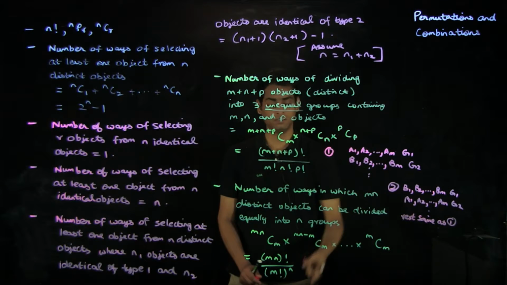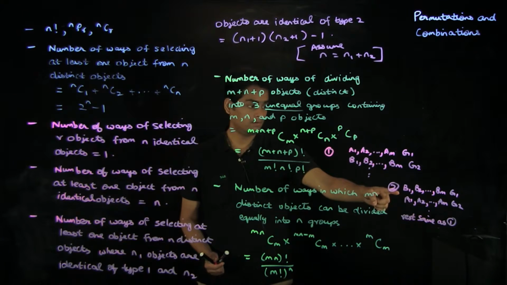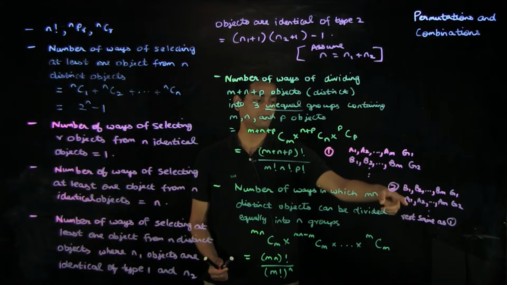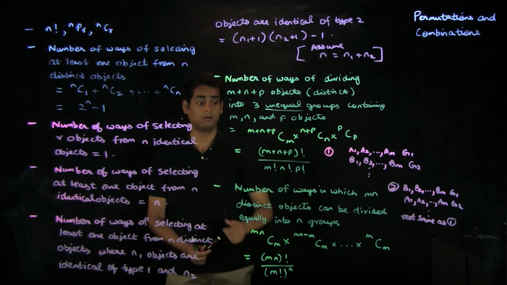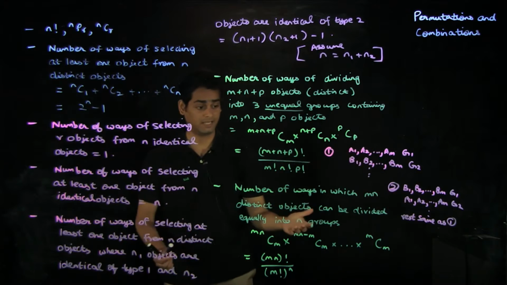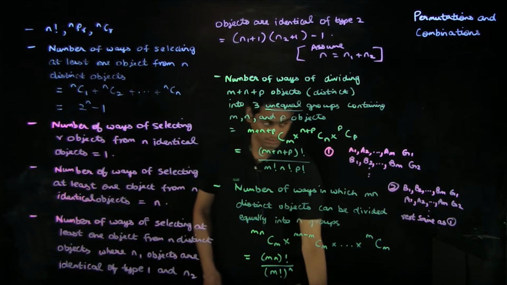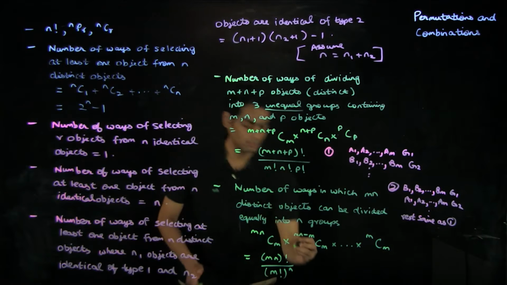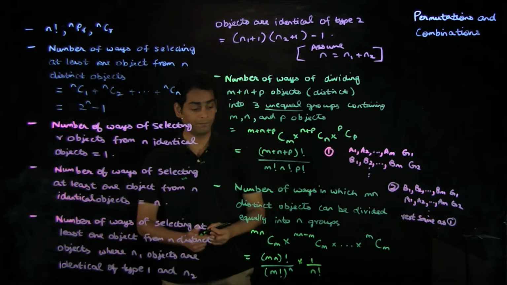These two arrangements will count differently in this scenario, since choosing the different m objects from the mn objects, and choosing the original m objects from the mn minus m objects, is going to count as a different division. We don't want to count these two as different divisions, because they are essentially the same division of objects into these groups. To discount for these different arrangements, we are going to multiply by 1 over n factorial.